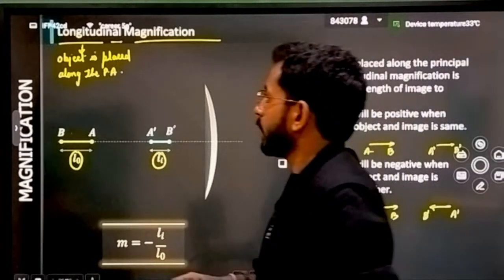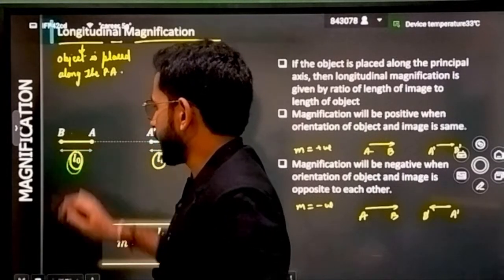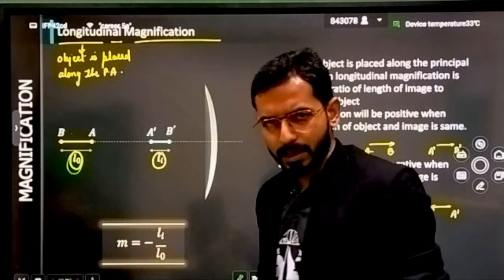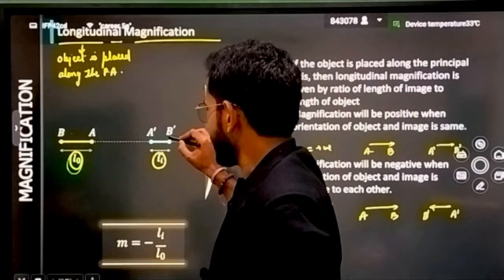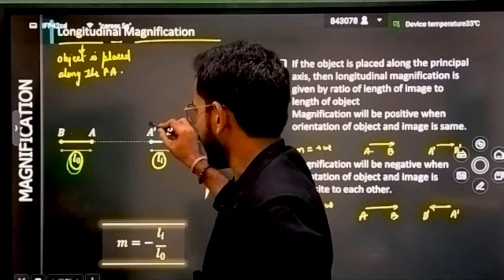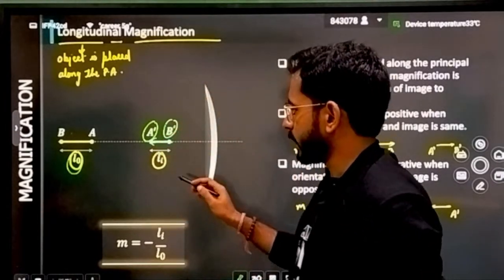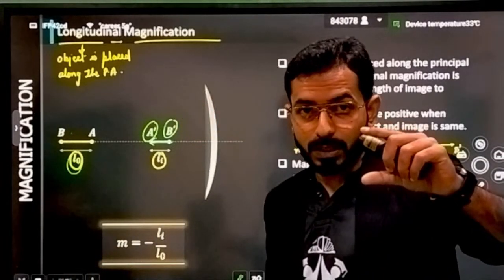See, an object is kept like this, B to A. This is the length of the object. Anyways, we are going to see a formula also, but before that, let's understand the concept. And this is the image that you will get for this one. We are talking here about length, not height, because height is calculated perpendicular.